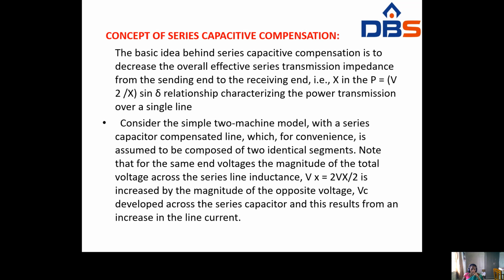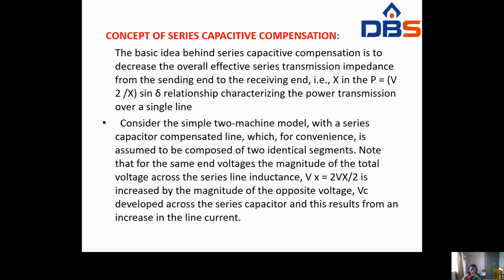Consider a two machine model with a series capacitor compensated line, assumed for convenience to be composed of two identical segments. With the same end voltages, the total voltage across the series inductance, Vx equal to 2 times Vx by 2, is opposed by the voltage Vc developed across the series capacitor. This results from an increase in the line current.